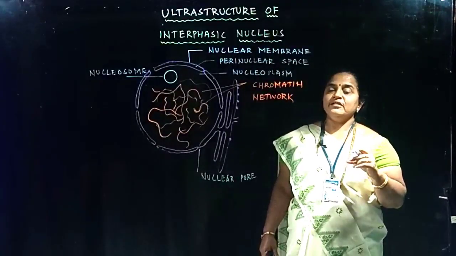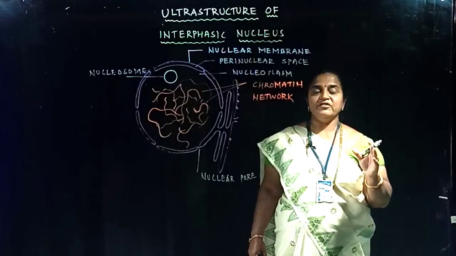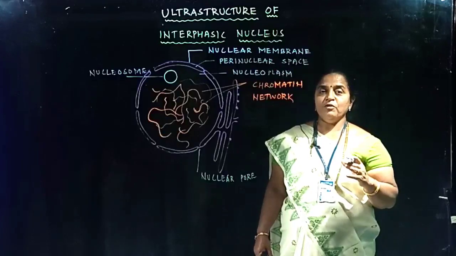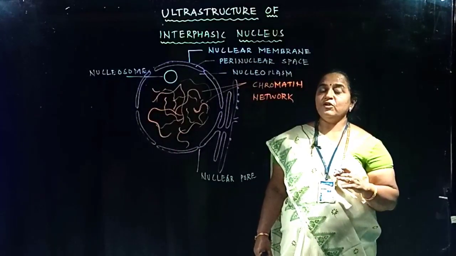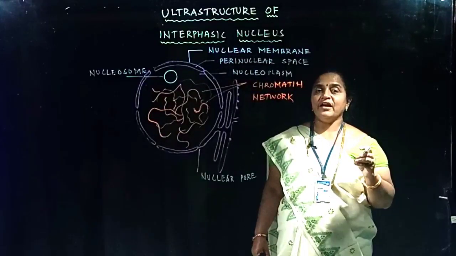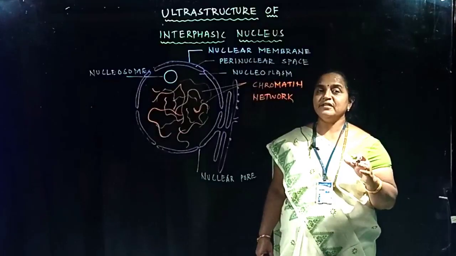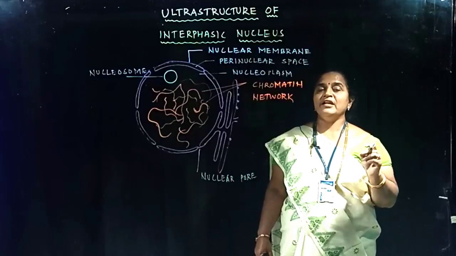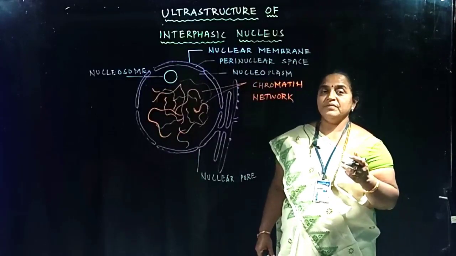In eukaryotic cytoplasm, we see the endomembranous system comprising endoplasmic reticulum, Golgi complex, lysosomes and vacuoles. Vacuoles are of different types in unicellular organisms, like food vacuoles and contractile vacuoles. In animal cells, vacuoles, even if present, are very small and inactive, but in plant cells, vacuoles are very active.